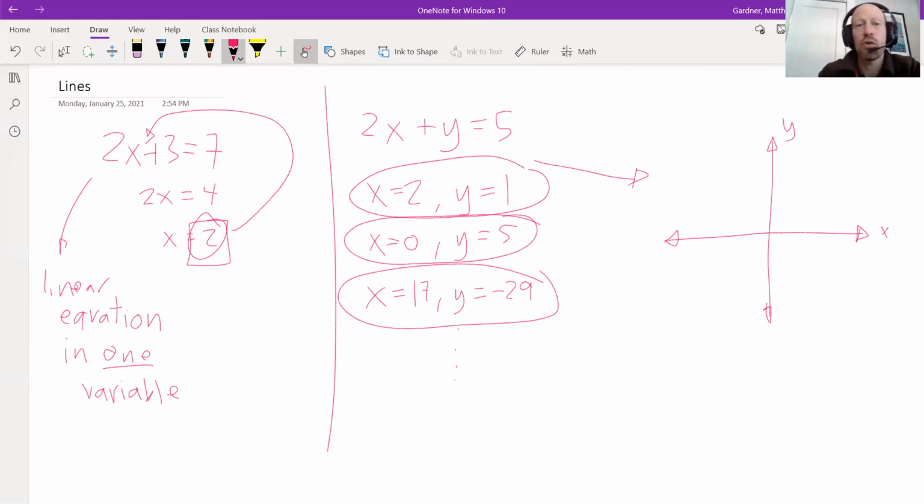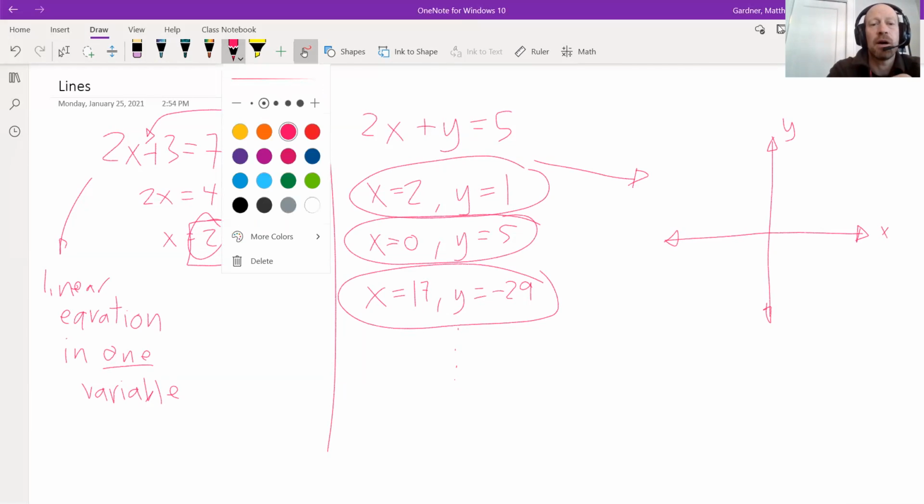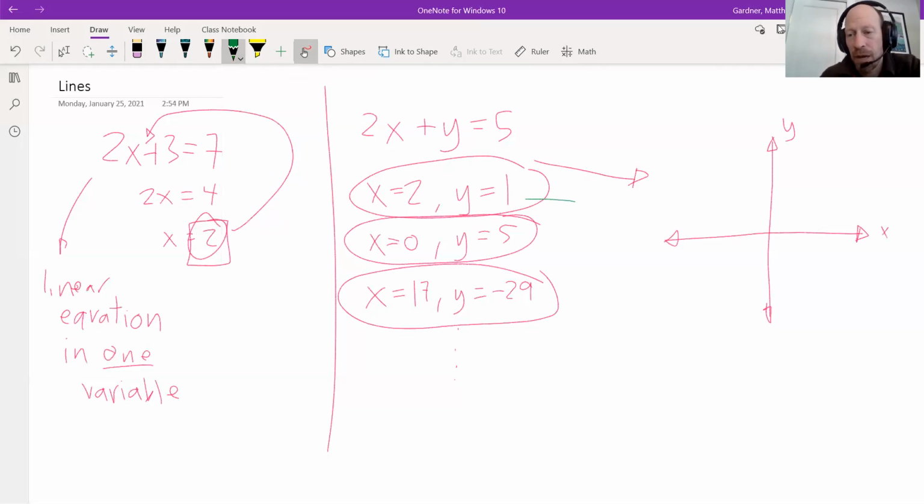And so we can locate these points by their coordinates. So this center here is the origin, which is 0, 0. And when we're writing ordered pairs, we are always writing them in the order x, y.